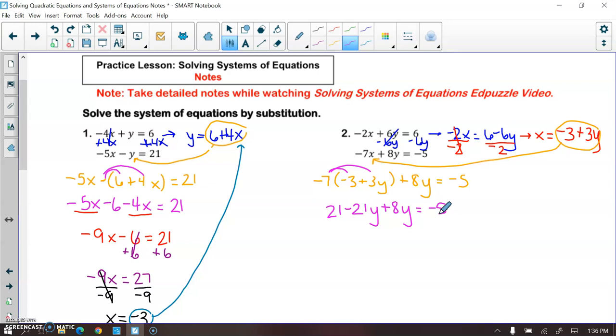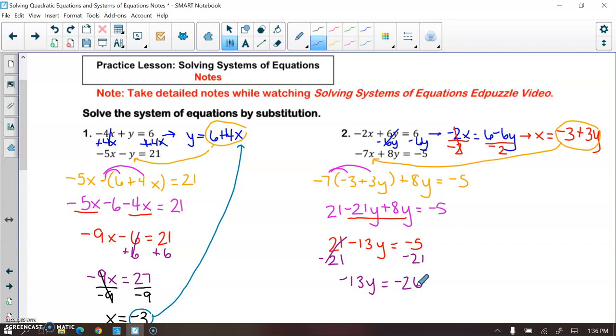I would combine the negative 21y with the 8y, and so I get 21 minus 13y is equal to negative 5. I am now going to subtract that 21 over, so I get negative 13y is equal to negative 26.